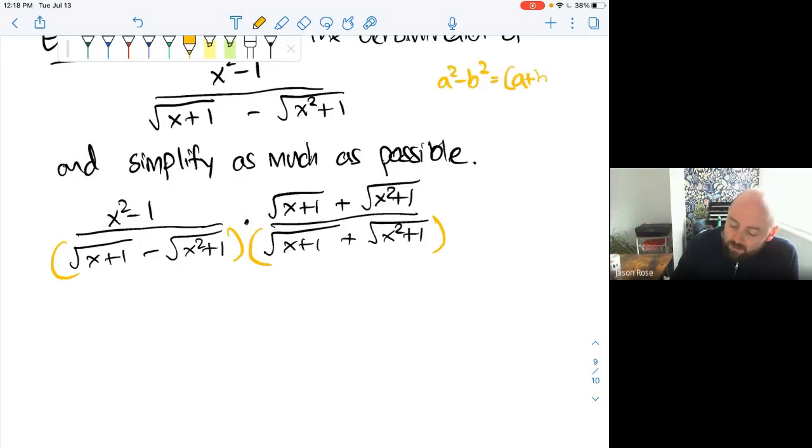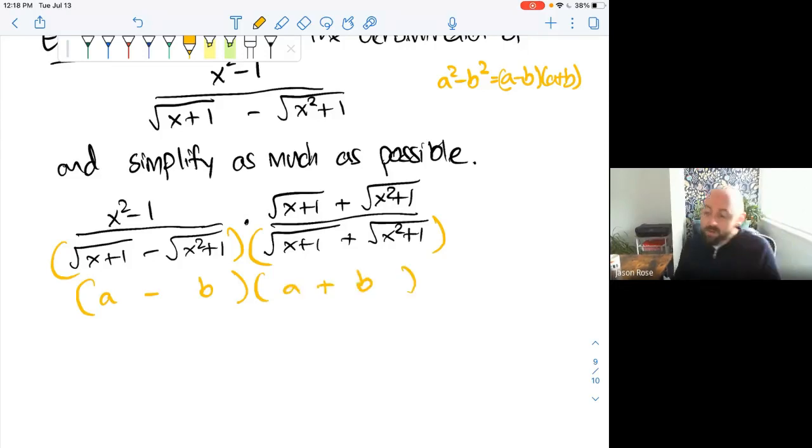Actually, let me just rewrite the order a tiny bit: a minus b times a plus b. In multiplying by the conjugate, I've essentially multiplied by the a plus b. In this case, a is root x plus 1, b is root x squared plus 1.